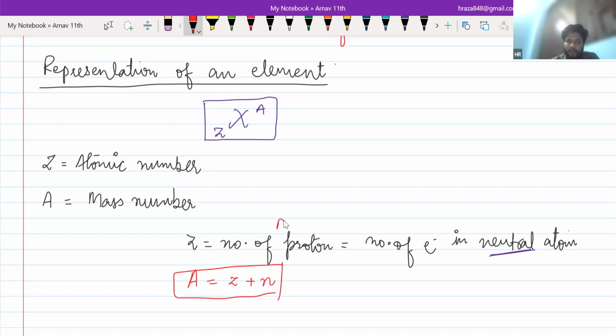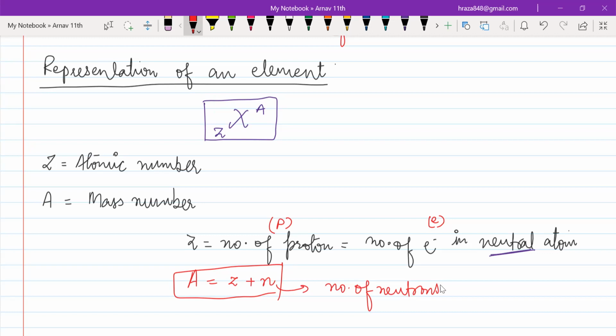I'm going to represent number of proton by P, number of electron by E, and this N represents number of neutrons. Okay. Are you done with this?